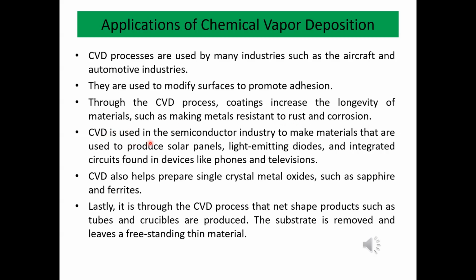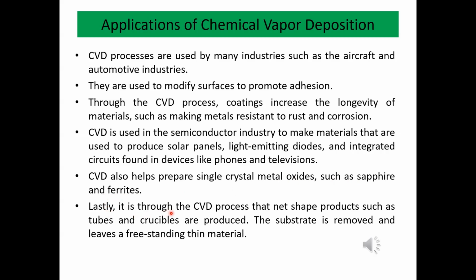CVD is used in the semiconductor industry to make materials that are used to produce solar panels, light emitting diodes, LEDs, and integrated circuits found in devices such as cell phones and televisions. CVD also helps prepare single crystal metal oxides such as sapphire and ferrites.